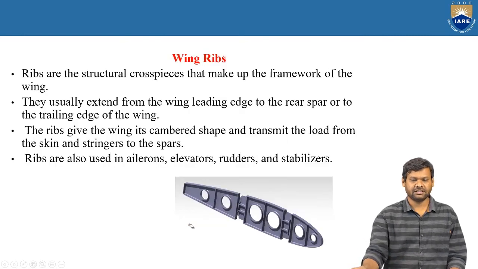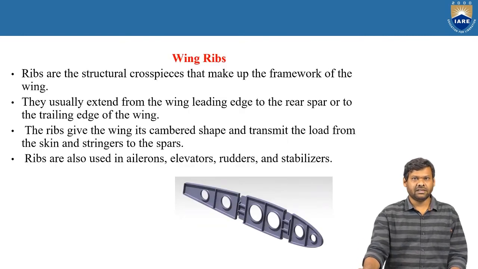Okay, next, coming to the wing ribs. When you observe the wing rib structures, it is similar to the shape of an airfoil, and this wing rib provides an aerodynamic shape as well as carries the loads which are imposed on the skin.